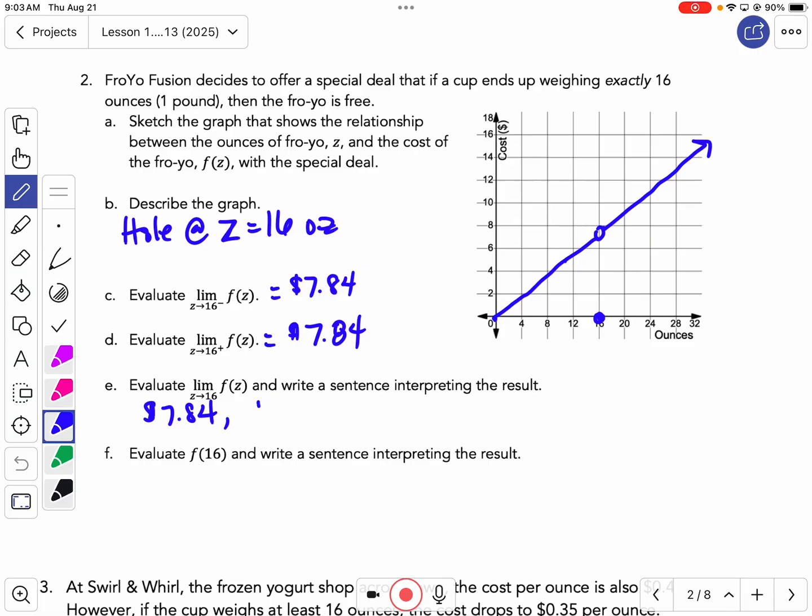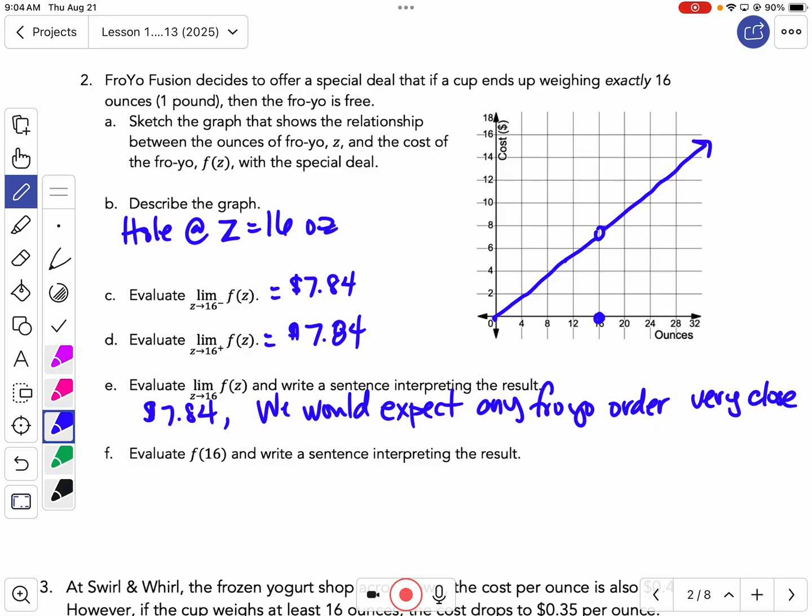So what we could say is, here's the context. We would expect any Froyo order very close to 16 ounces to cost close to $7.84. Okay? So that's what it means, all right?